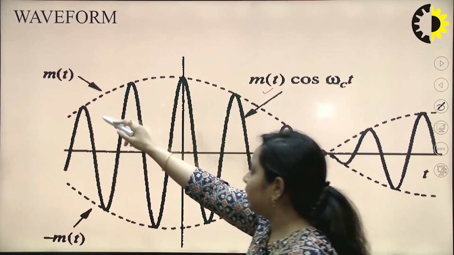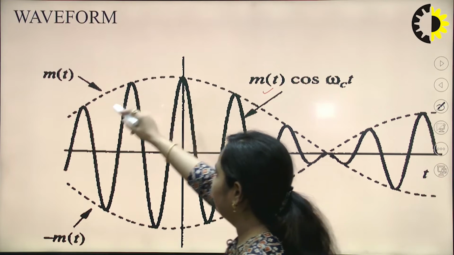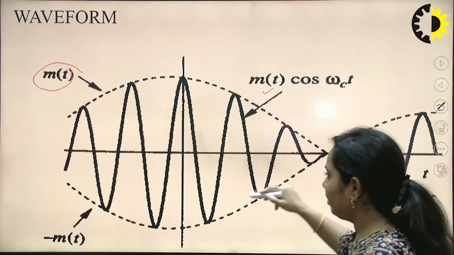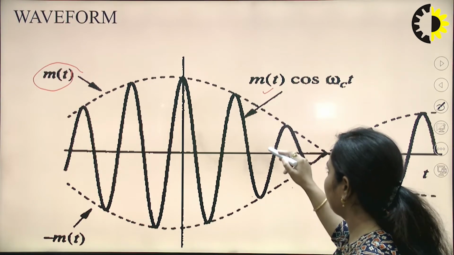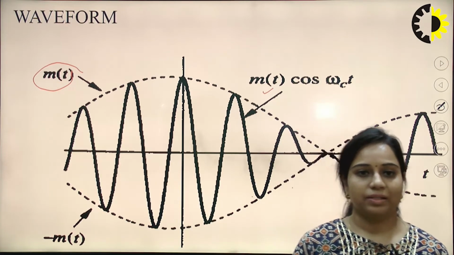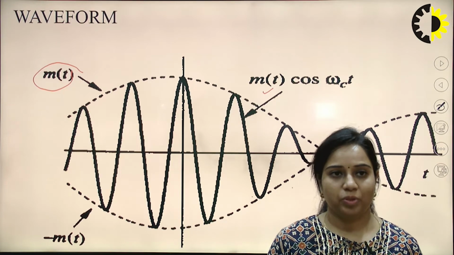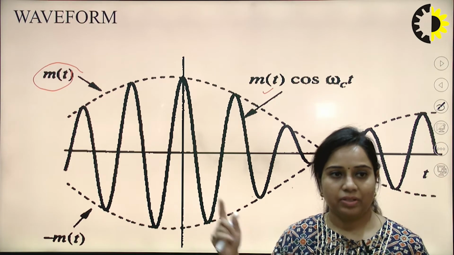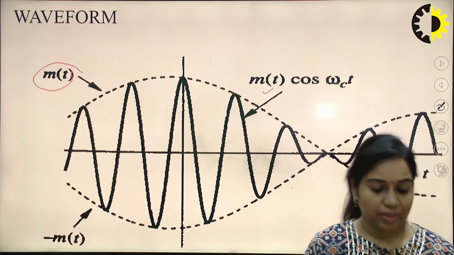You can see that this dashed line is the envelope of m(t), and the waveform fitted inside this dashed line is known as m(t) cos omega ct. Because the cosine signal is itself a high frequency signal, its amplitude has to be fixed within this envelope. This whole resulting waveform is known as the DSB SC waveform.